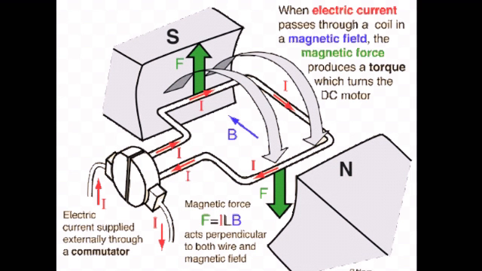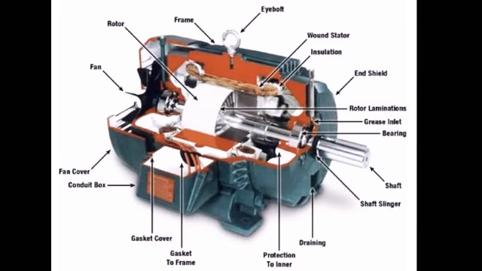In this video we will also discuss the commutator segment, the materials used for its construction, the types of material, their advantages and disadvantages, and the various processes. In the following figure we will discuss the internal structure of a DC machine.